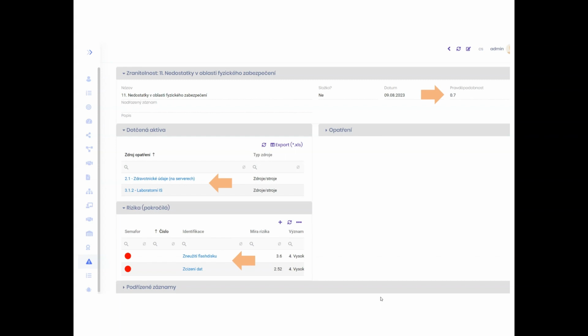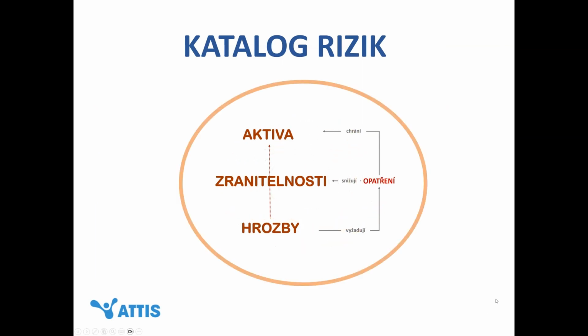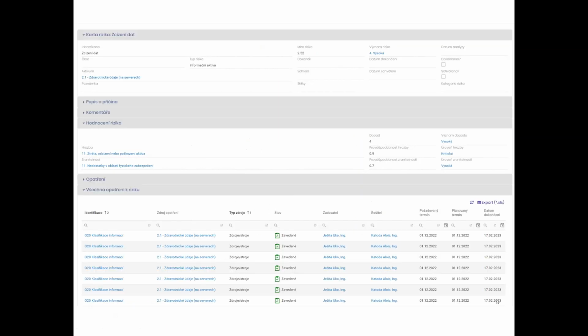Risk Catalog. The risk catalog is the result of a comprehensive analysis and assessment of the relationships between assets, threats, and vulnerabilities. The risk analysis and assessment are recorded in the risk card, where information is also available about the measures already in place that can mitigate the risk. Risk is evaluated based on an assessment of the likelihood of the threat occurring and the vulnerability.